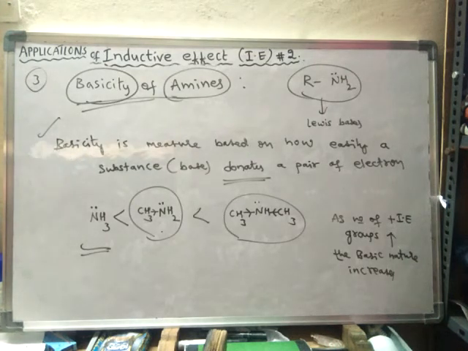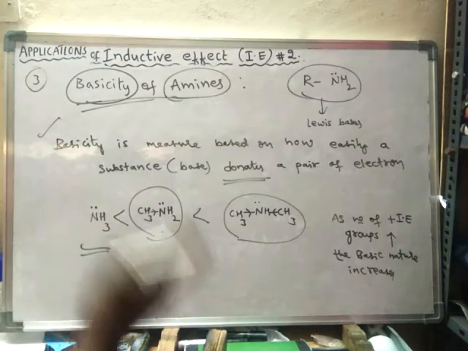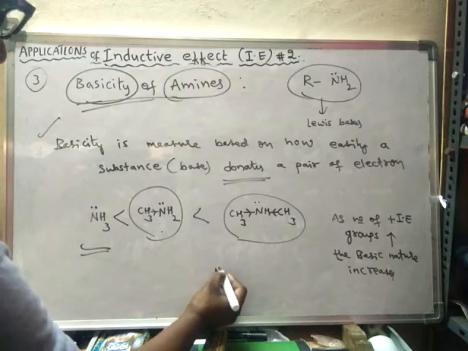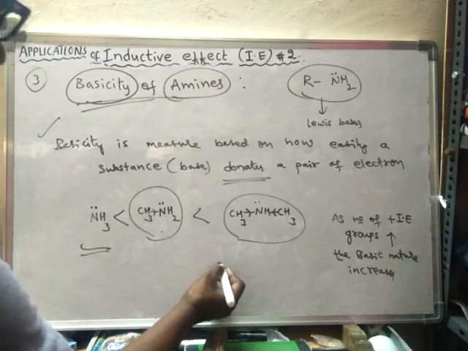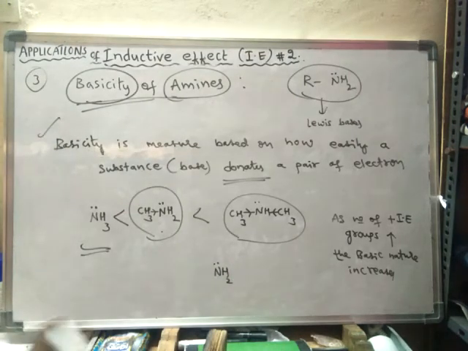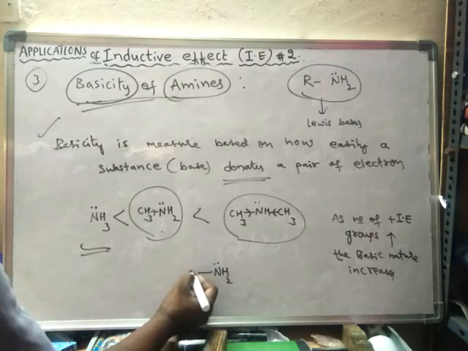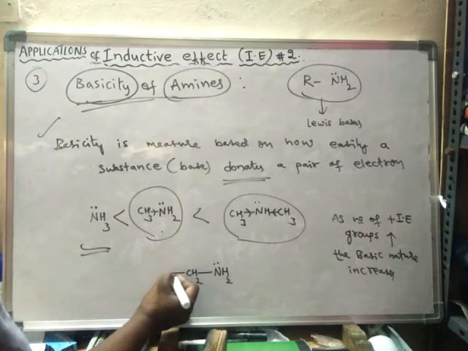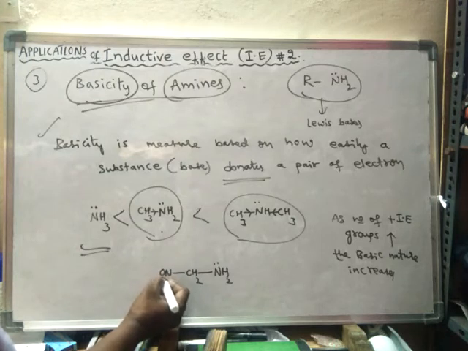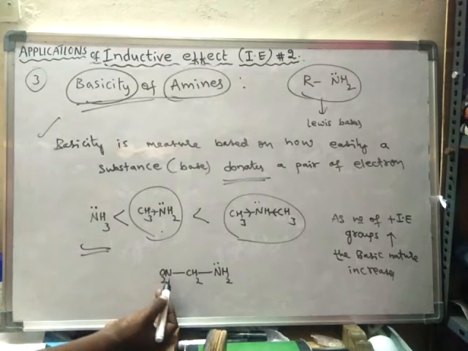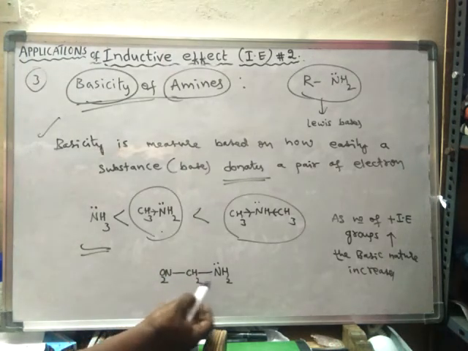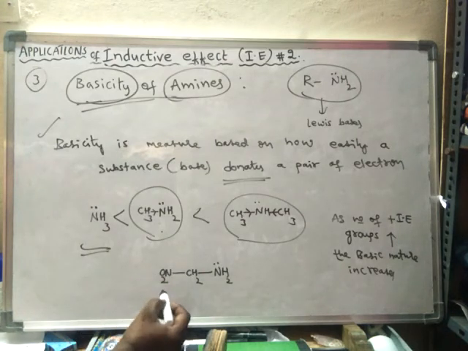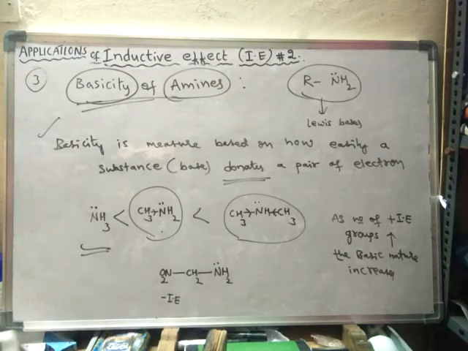Suppose a minus IE group is attached, for example to NH2. Let us assume CH2, and to this one an NO2 group is attached. This NO2 group is a minus IE group. What does a minus IE group do?